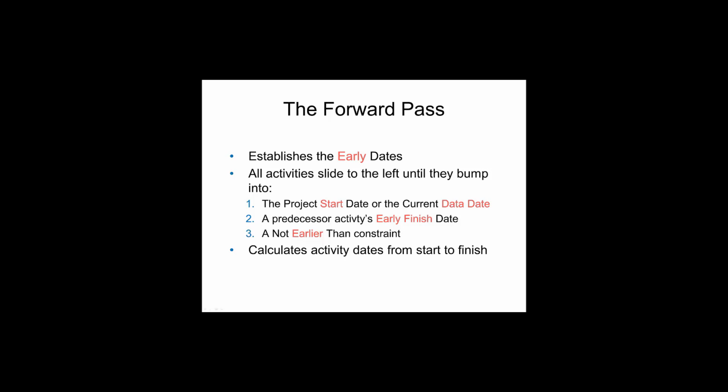And the computer calculates activity dates from start to finish, or left to right. And that, of course, is why it is called the forward pass.